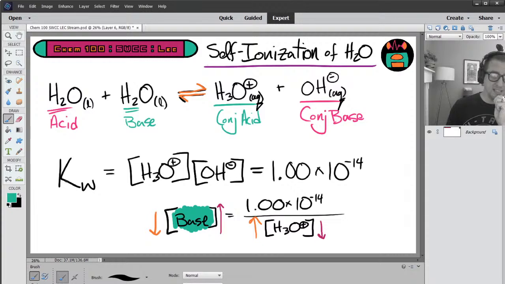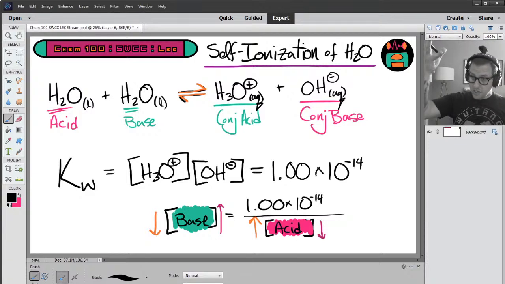Don't think of this as the concentration of hydronium. Think of this as the concentration of acid, because this is true of every solution.